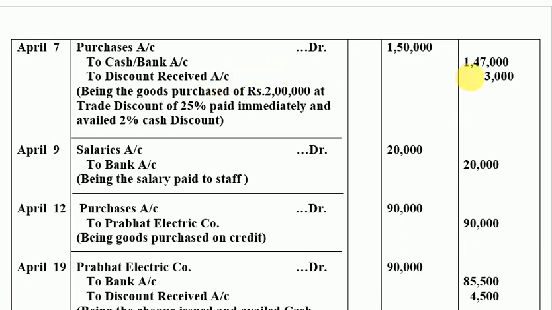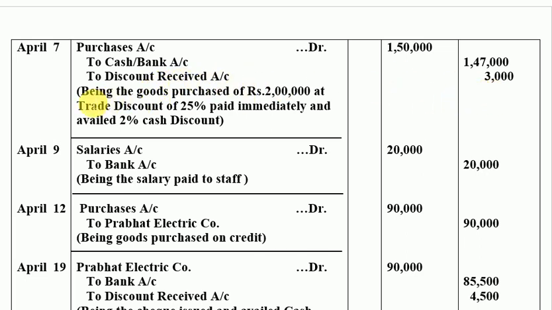To discount received on making prompt payment, he is getting a discount of rupees 3,000 on 1,50,000. Got it?